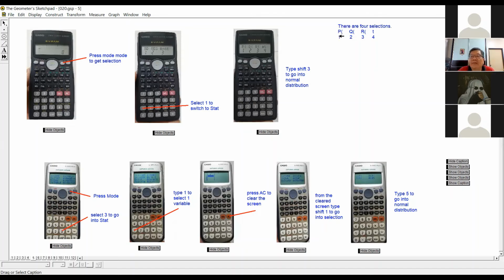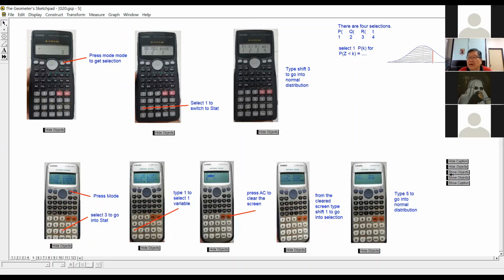Now, what do P, Q, and R mean? We take the first one, P. If you choose 1, you are actually finding the probability of Z, not X, Z less than a certain number. That means you are finding the area here, the probability here.